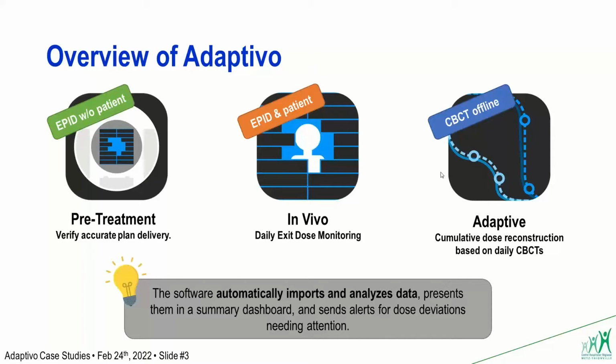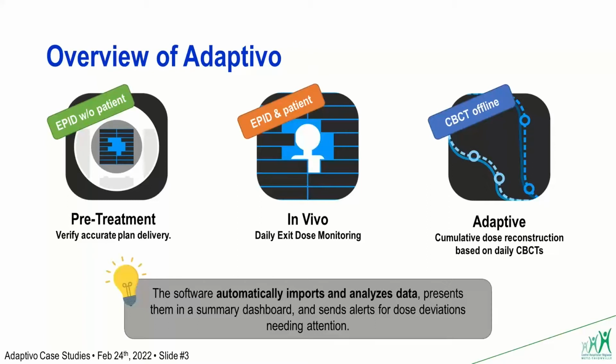And finally, on the right, you have the adaptive module. The adaptive module computes cumulative dose reconstructions based on daily CBCTs. The module has its own deformable registration algorithm and its own dose calculation algorithm.